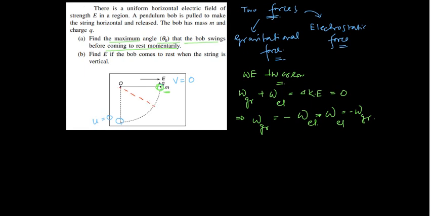Let us say here, and this angle is basically theta naught that they are asking us to calculate. No problem if I take this point as A and this point as x. So we will apply work energy theorem between point A and x, and calculate the work done by gravity and electrostatic force between them.